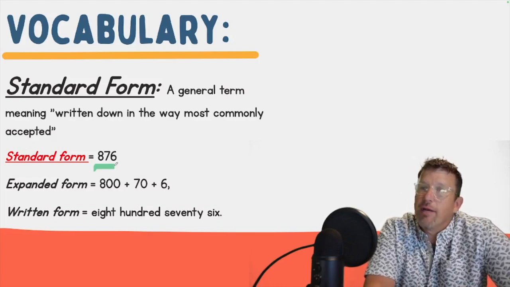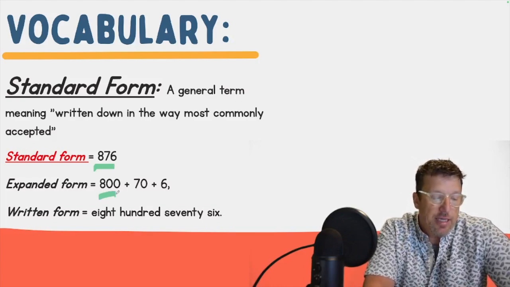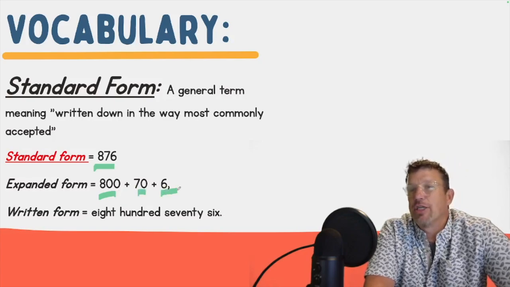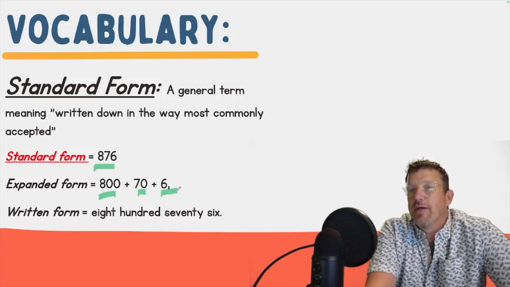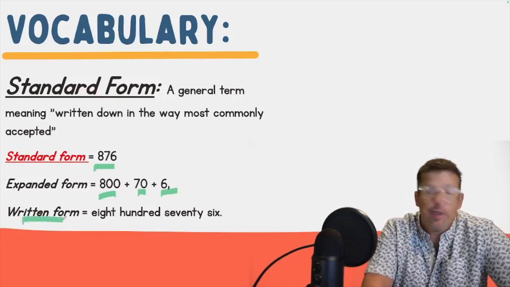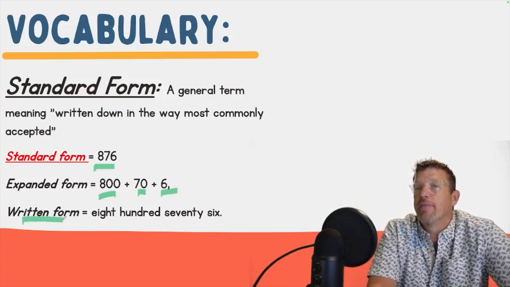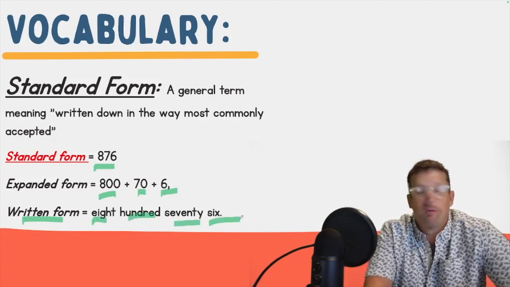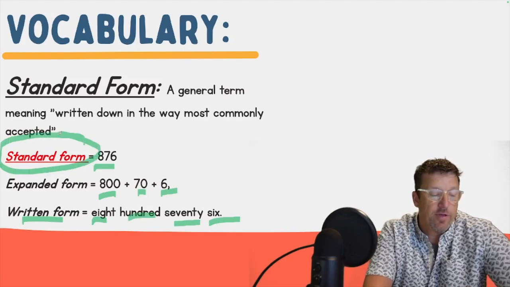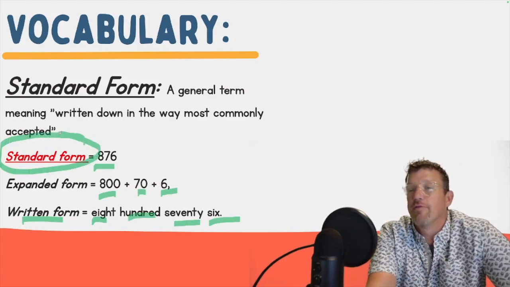Sometimes we break it down by place value. So we know that the 8 means 800, the 7 means 70, and the 6 means 6. That's called expanded form. We're taking standard form and breaking it down by place value. And then written form is just what it sounds like. We actually use the words that are coming out of our mouth: eight hundred seventy-six. But the vocabulary word we're focused on right now is standard form.